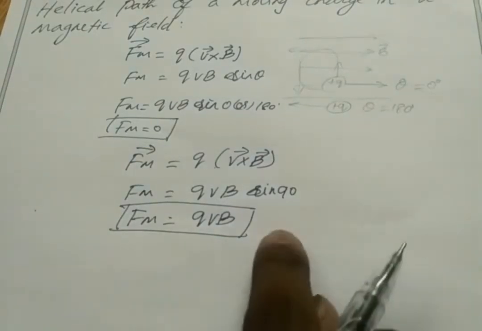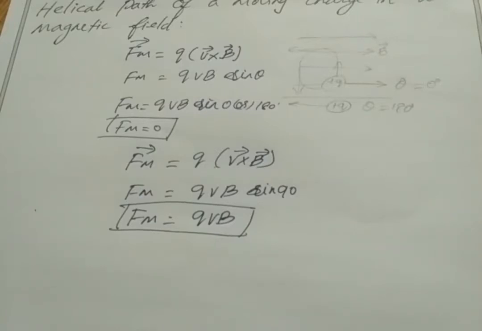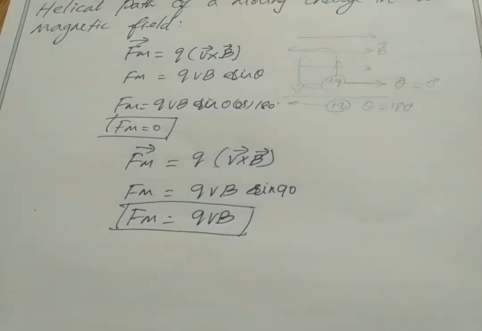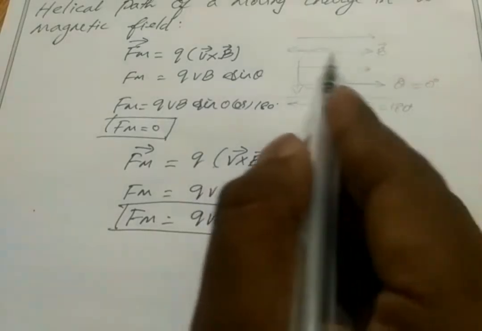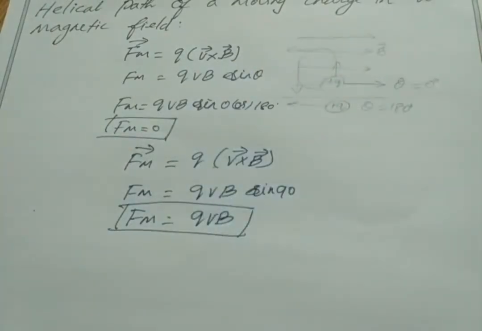So here the path is circular motion, right? For the circular motion, we found the value of the radius of the charged particle. The circle must have some radius. So what is the formula for radius? R equal to mv by qb, that is mass of charged particle and its velocity divided by charge value and magnetic field.